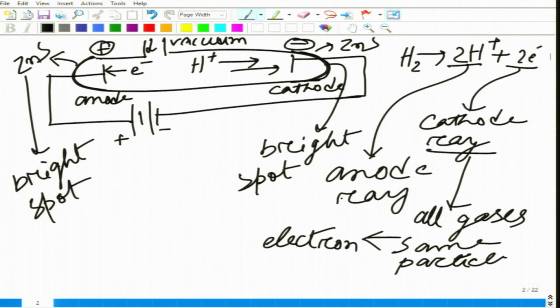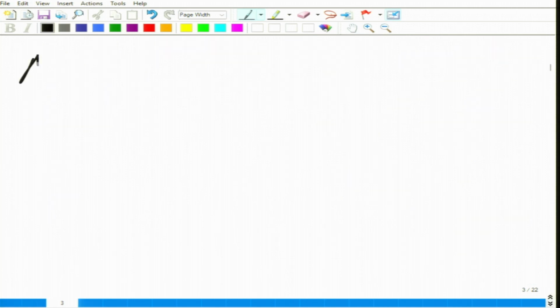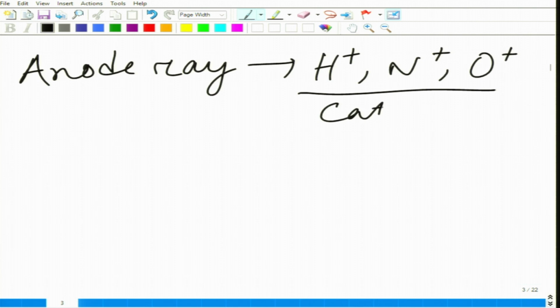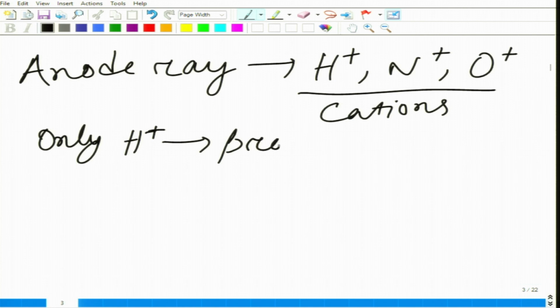While for the anode ray, something was different. For anode ray, these particles, they were actually cations. Only H plus is proton.